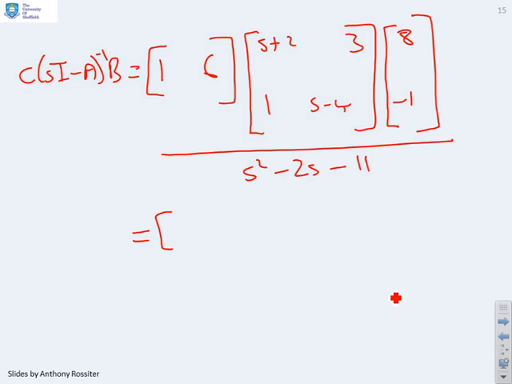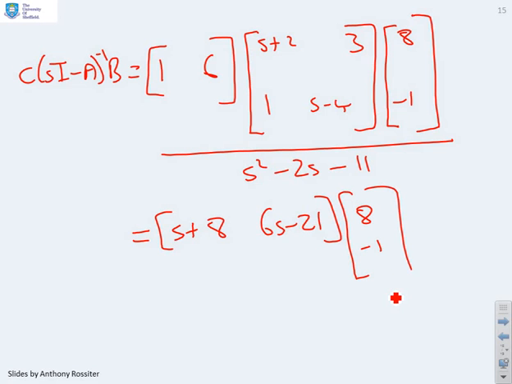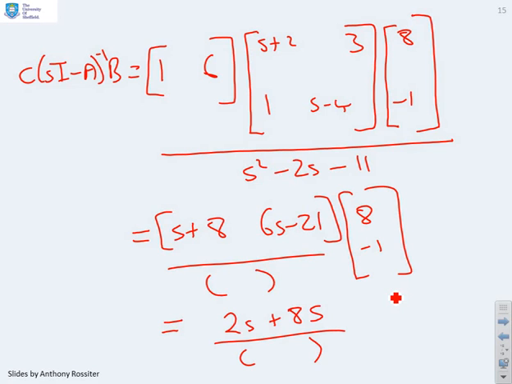So first of all, if you do the C matrix times this square matrix, you get s plus 8, and then 6s minus 21 into 8 and minus 1. And I'll not bother writing the denominator again. And if you multiply that out, you end up with 2s plus 85 over the denominator. So it's slightly tedious. You wouldn't really want to do these things by hand in general. But we've done one here just for completeness.